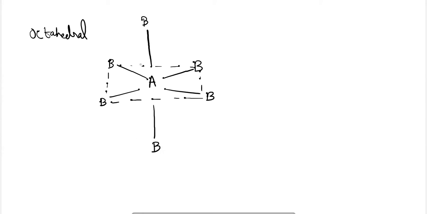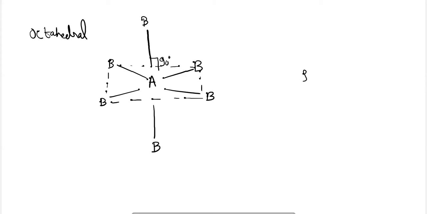Here this angle with A is 90 degrees, while the angle between the different square B atoms is also 90 degrees only. So this structure is formed and it is termed as octahedral structure.